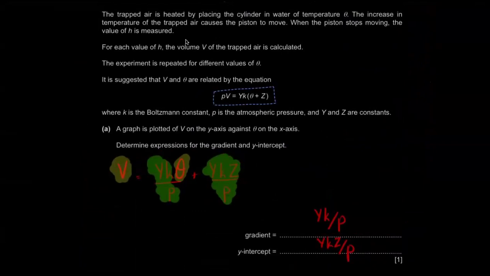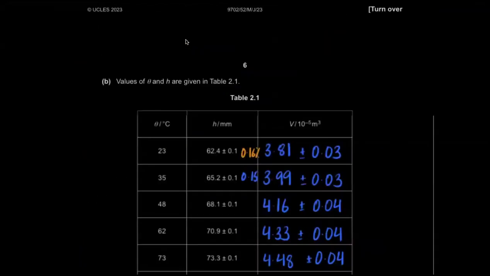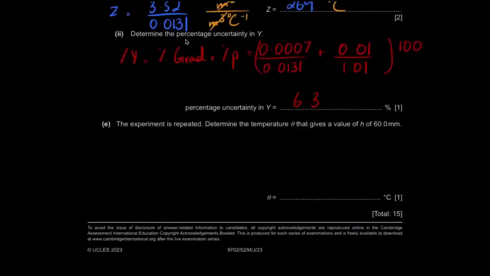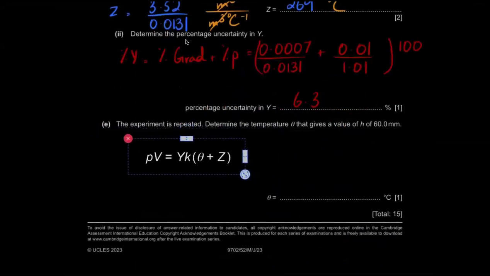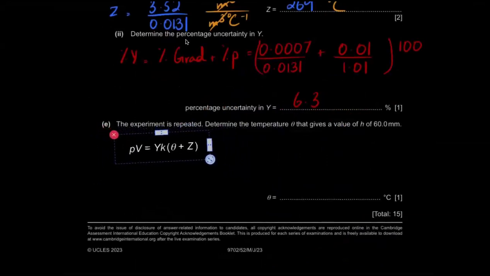So we need theta here. It's up to you if you want to first make theta the subject and then plug in values. I personally find it a lot cleaner to make theta the subject first.